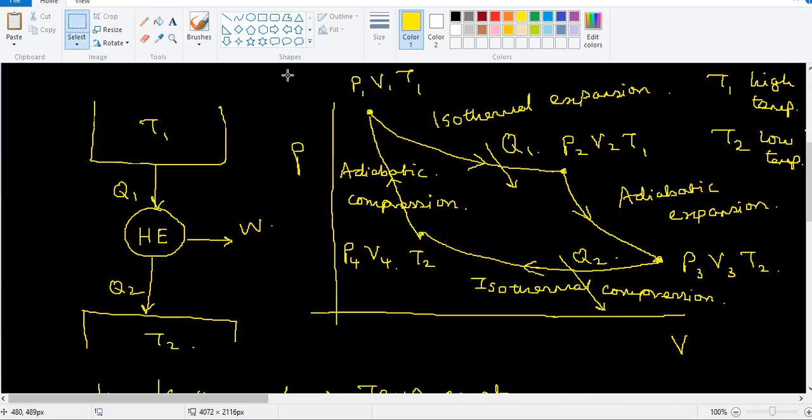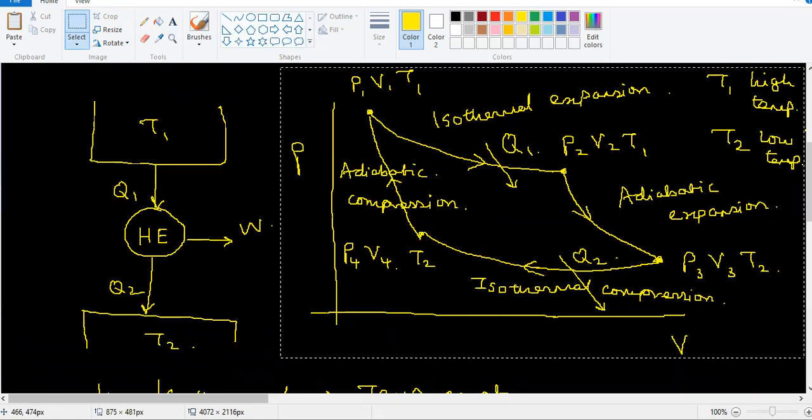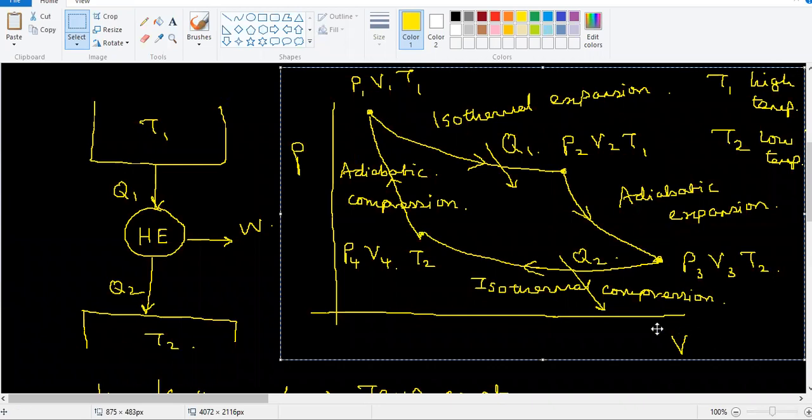I'm going to copy this graph, which is extremely important to write down. In the last class, we derived work done for isothermal and adiabatic. That is the purpose. So we are going to apply those final formulas which we derived into this derivation.